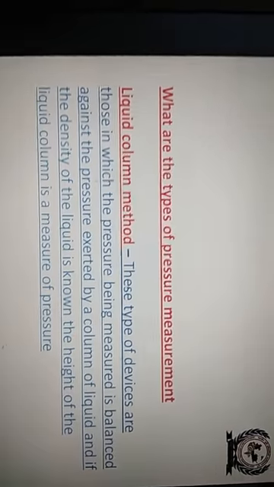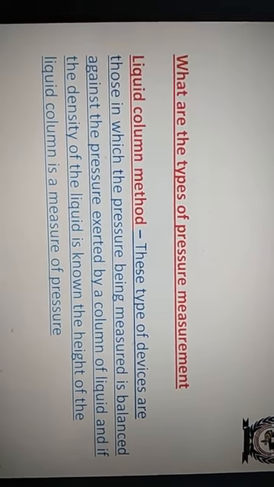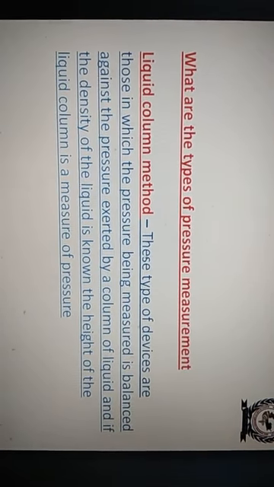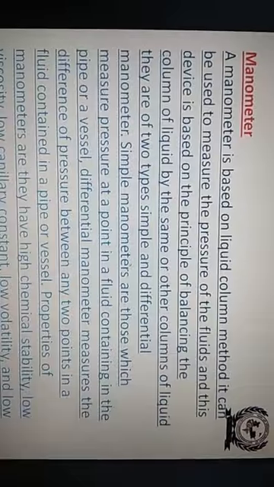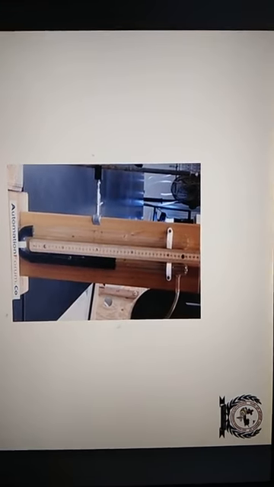Later we also saw the types of pressure measurement, out of which we saw the liquid column method, that is the manometer type method, and we went through this diagram.